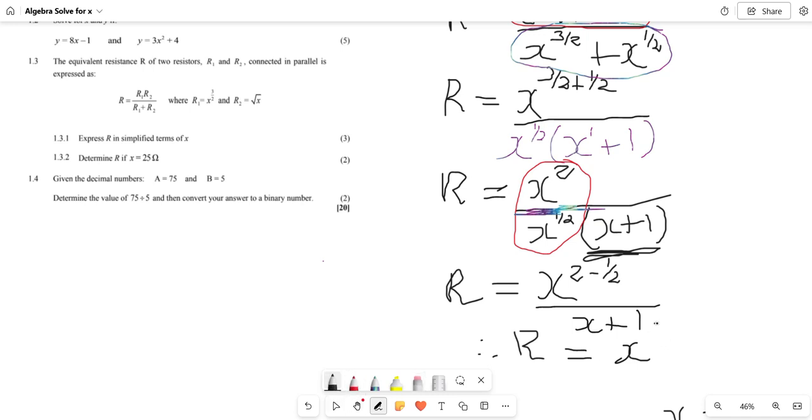We have x to the power of 3 all over 2 divide by x plus what? Plus 1. Then this is the value of r in a simplified manner, of x. That is what we have there. How many marks there? 3 marks there.